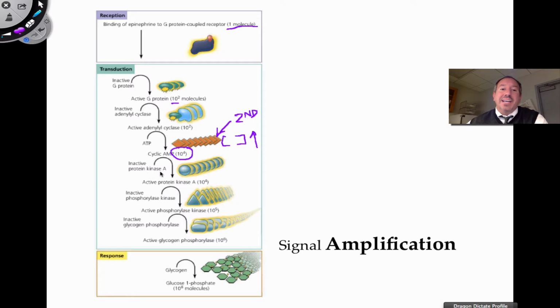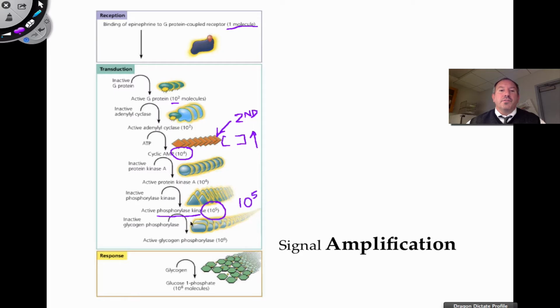When they become active, the kinase is an enzyme that is capable of transferring a phosphate. So kinase A gets activated, and then that activates another enzyme called phosphorylase kinase. Phosphorylase kinase becomes activated, and look, the numbers are increasing even more, 10 to the 5th.